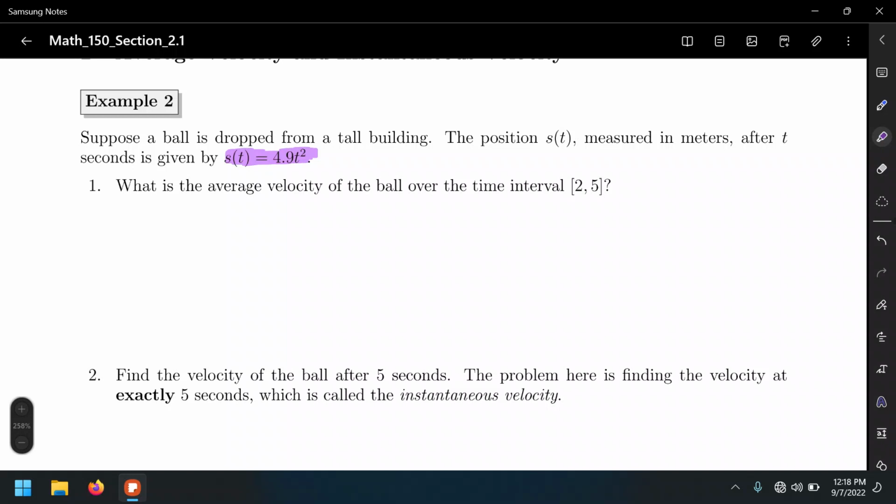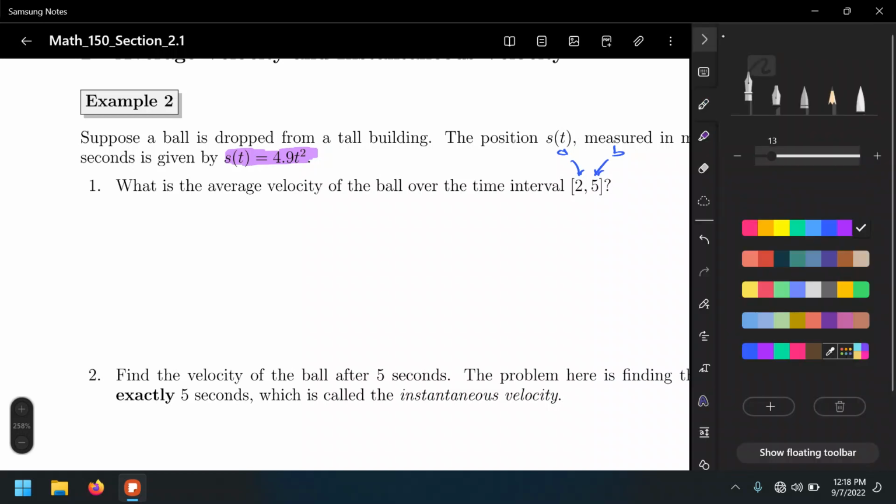What is the average velocity of the ball over the time 2, 5? Well, you might want to label this as the A and this as the B. That's the initial point and the final point, or rather the initial time and the final time. So we're trying to find the average velocity. So let's draw a picture.